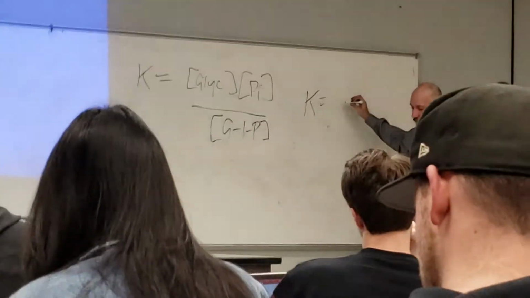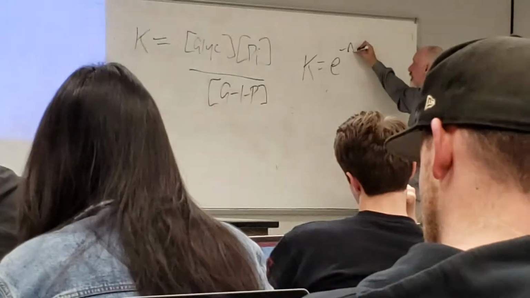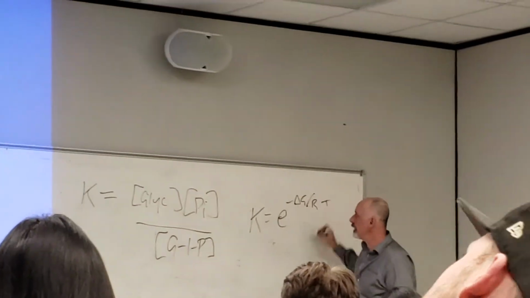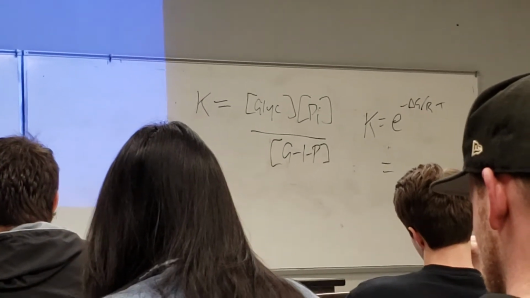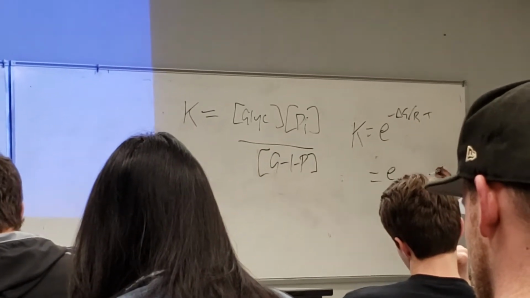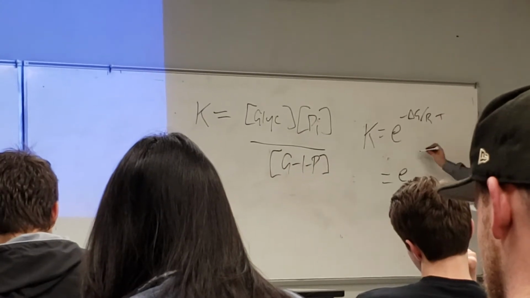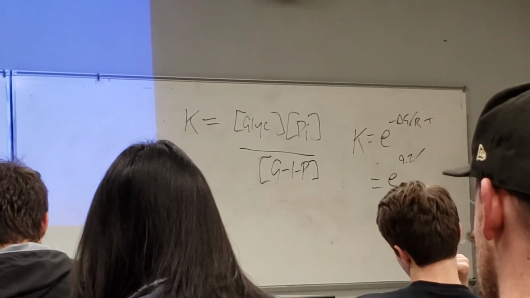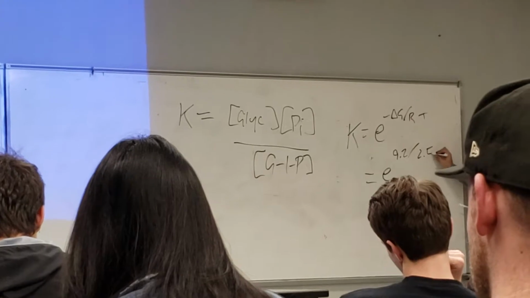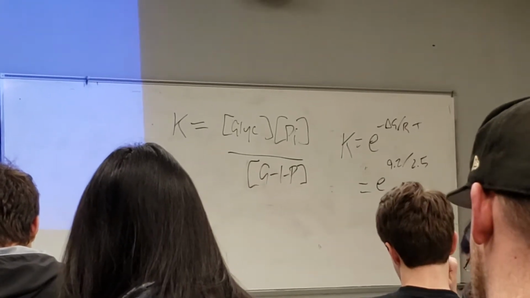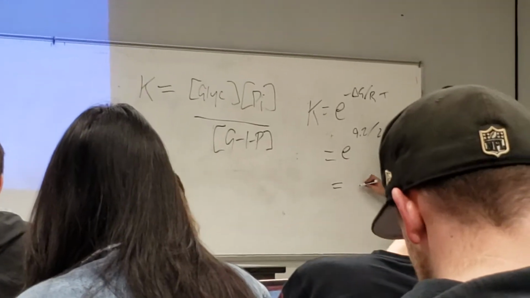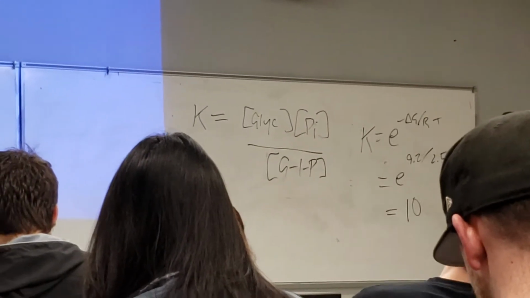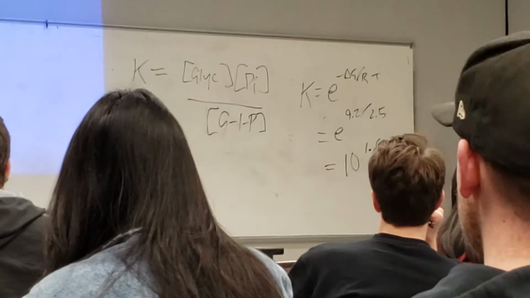Generically, K is equal to e to the minus delta G over RT. Now, plugging in the numbers for us, e to the what? 9.2 over 2.5. If I want to do this in base 10, that's about 10 to the 1.6 power.